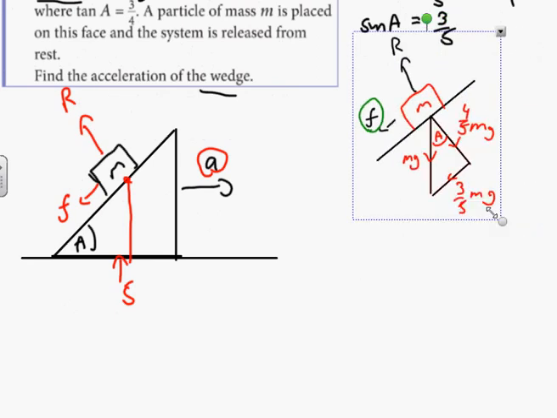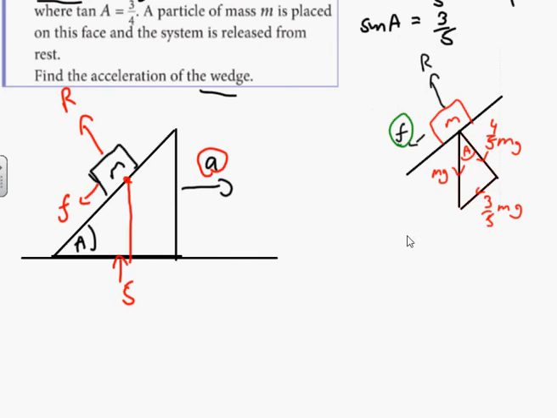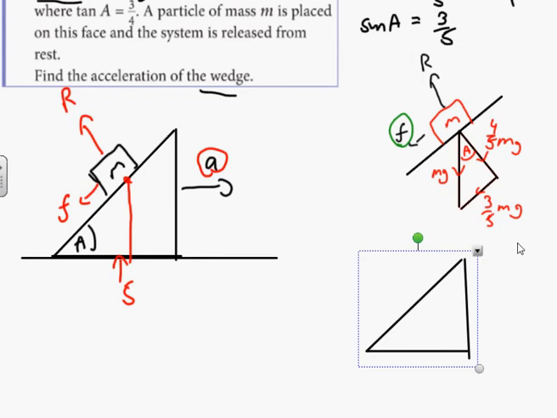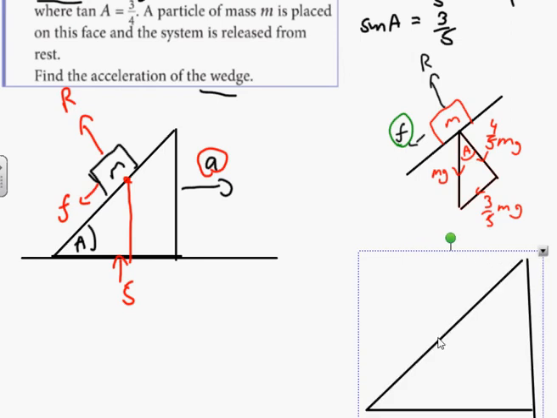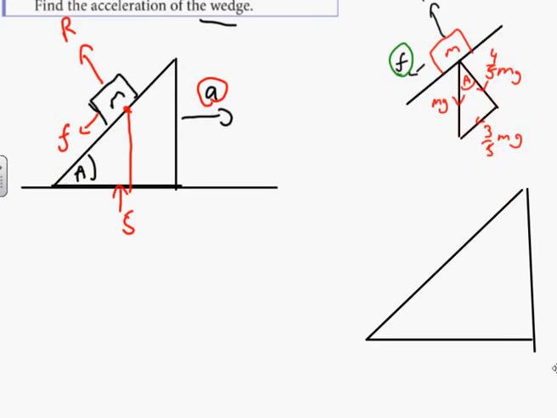Okay, so next thing we're going to do is the wedge. So here we are here. Now, from the wedge's perspective, guys, we'll just make it a bit bigger, makes it easier to control. So, what can we say about the wedge? What forces is it experiencing? What does it experience coming in this direction here?